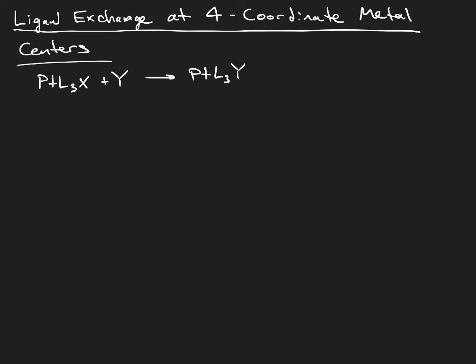The mechanism, as we said, goes through an associative type process. So you have your four-coordinate platinum 2 complex. Y comes in, forming your 5-coordinate complex in the apical position.